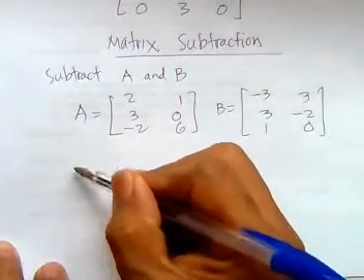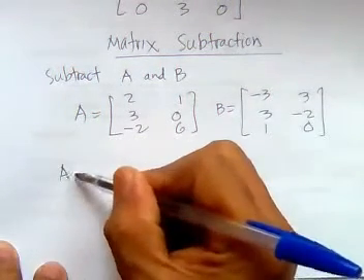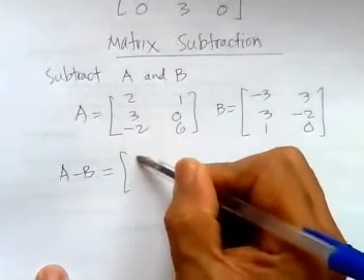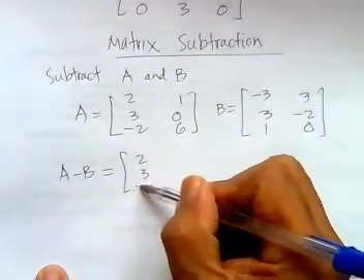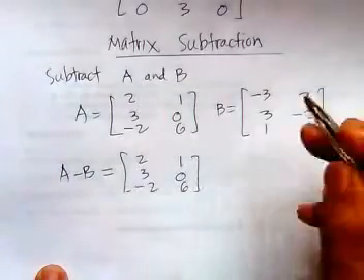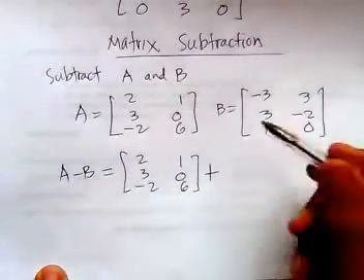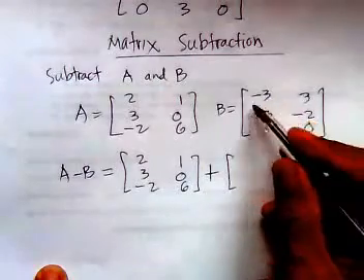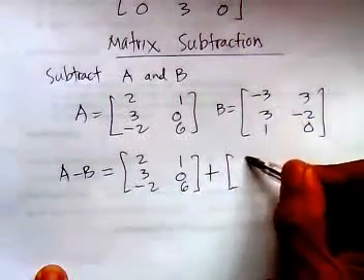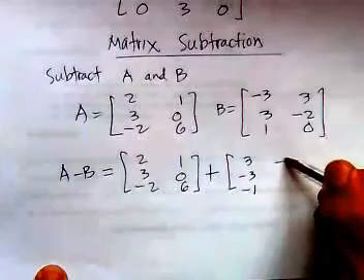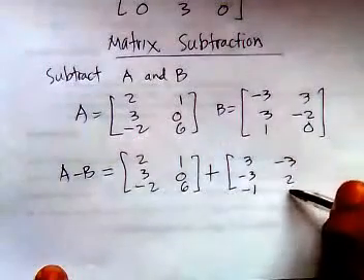So you have A minus B equivalent to 2, 3 minus 2, 1, 0, 6 here. Then you add, but change the sign of these elements on B to 3 minus 3, minus 1, minus 3, 2, 0.